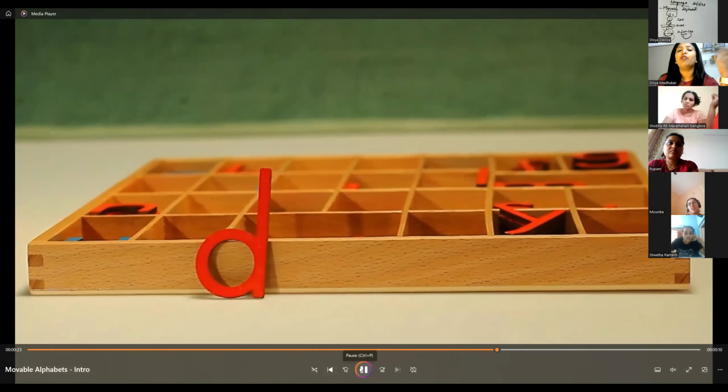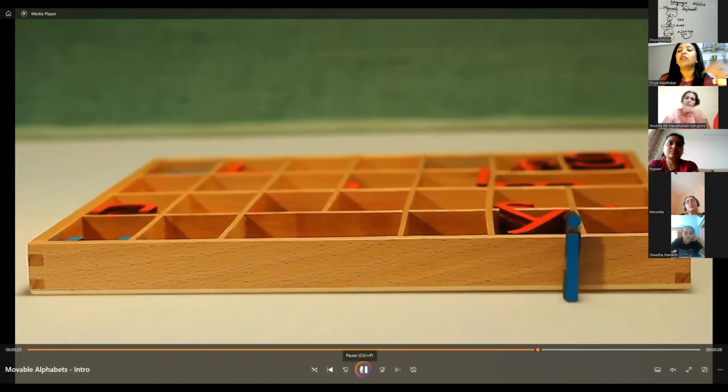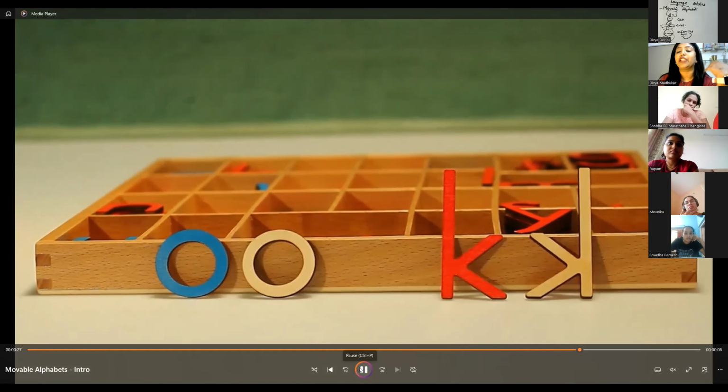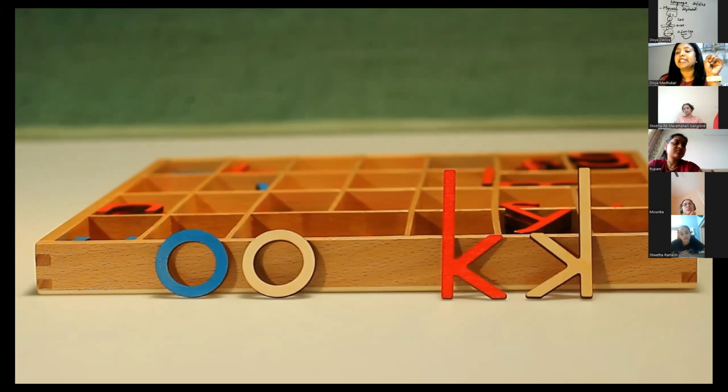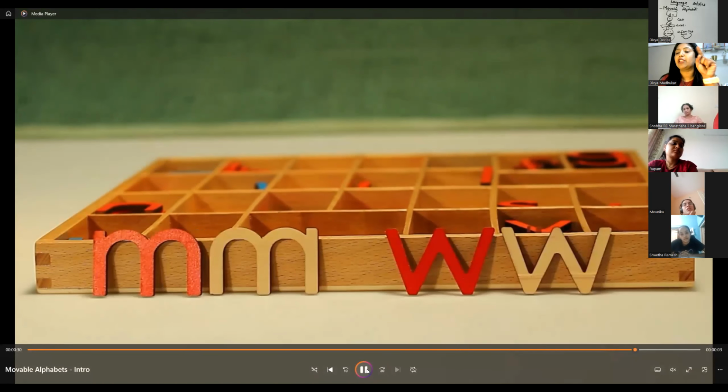Then you go with your consonants. And then you can also introduce the positions of individual letters. You have to teach them the front side of it and the back side of it also. The front side is colorful. The back side is not colorful. Sometimes they don't know how to keep it. They might reverse it and keep it. So they have to always keep the colorful side towards them. All these things would become your prerequisite in your presentation, wherein you would differentiate.